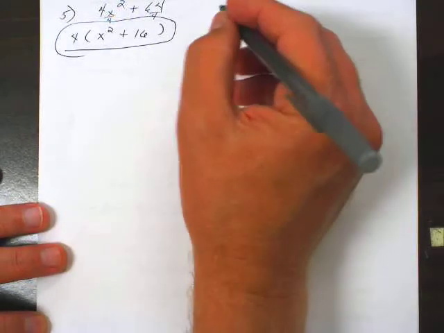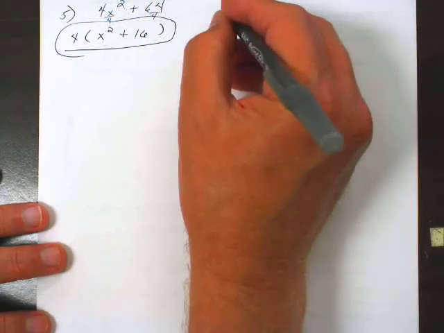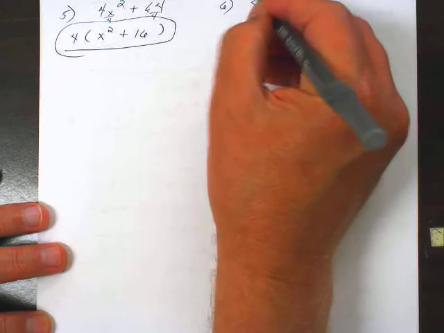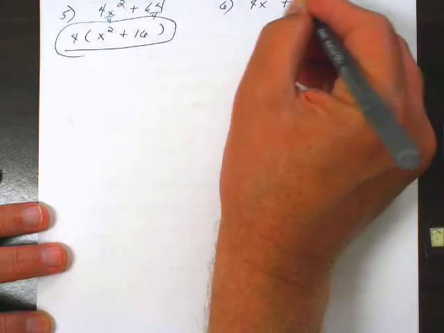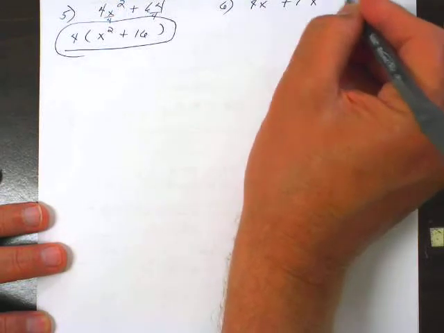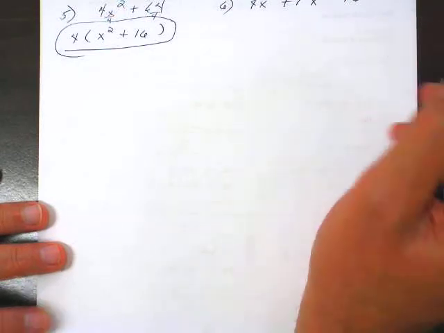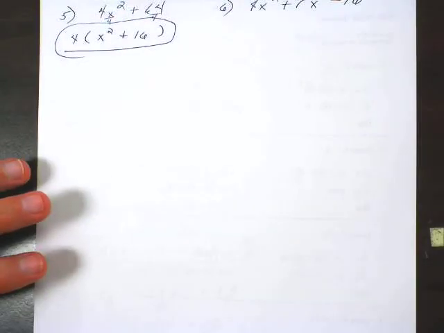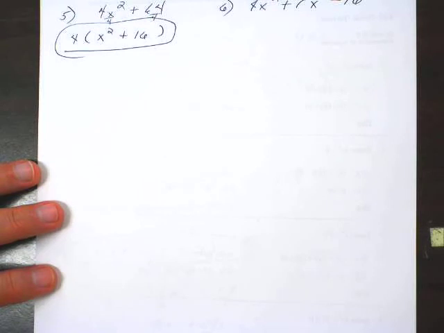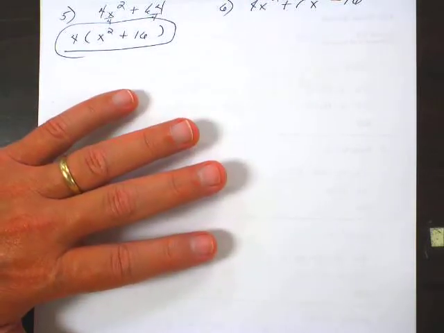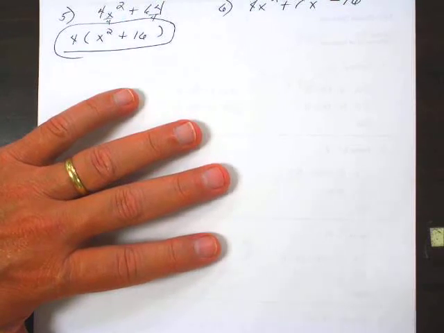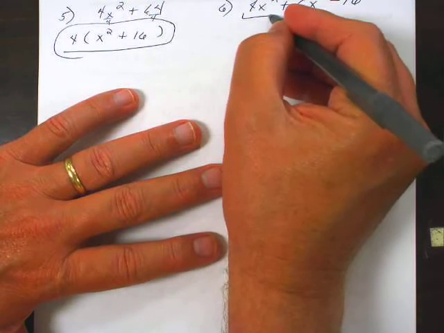Okay, number 6. Okay, is this a perfect square trinomial, Yomara? So is 4x squared a perfect square?